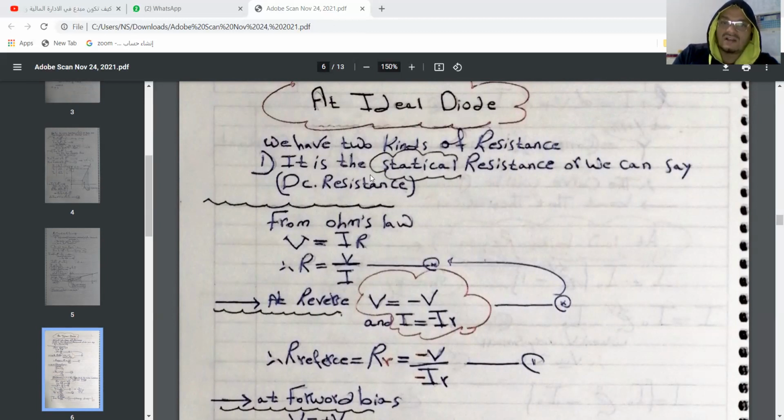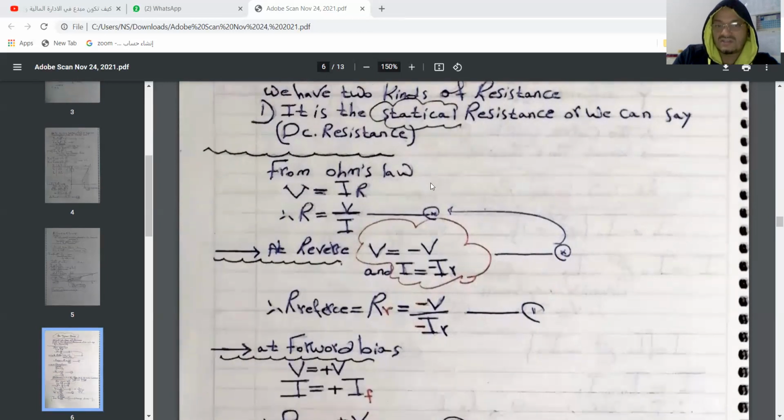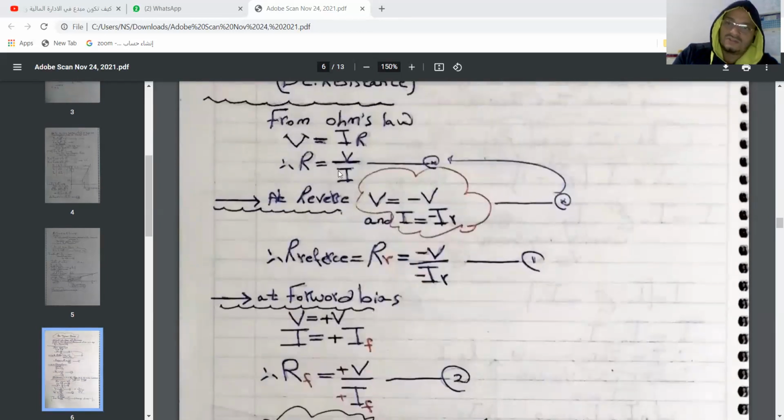Here, static resistance or DC resistance from Ohm's law equals V over I. At reverse, V equals a minus value. That means I equals, like we know, minus the reverse current, and the reverse resistance equals minus V divided by minus reverse current, so we can say it is V over the reverse current.